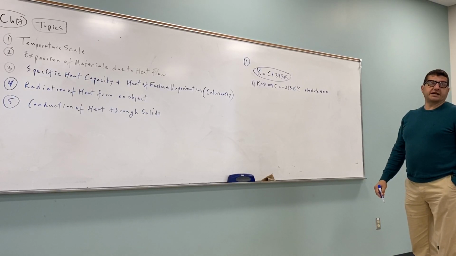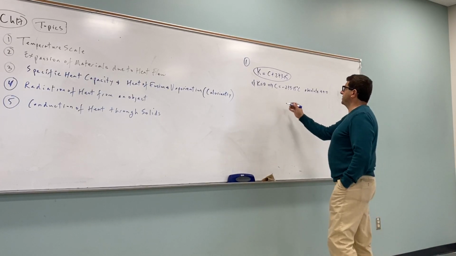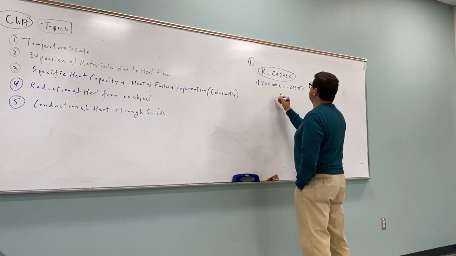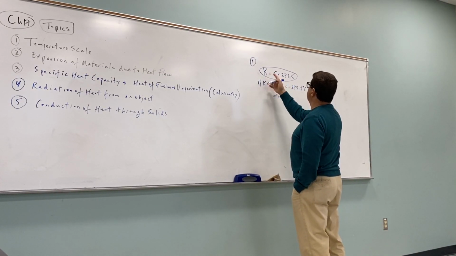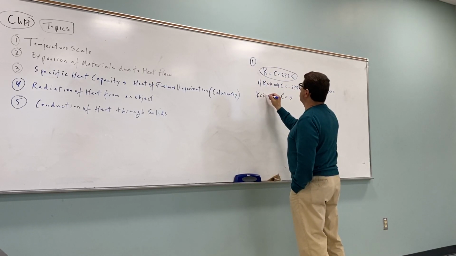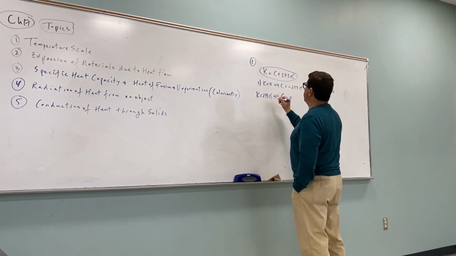And of course, at 0 Celsius, right? So if the Celsius is 0, what would the Kelvin be? The corresponding Kelvin will be 273.15.